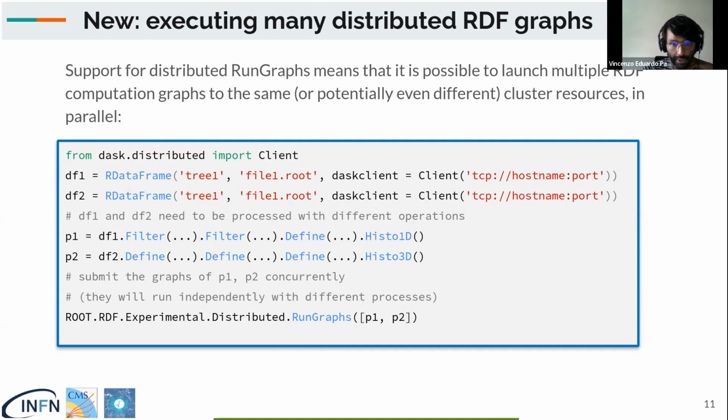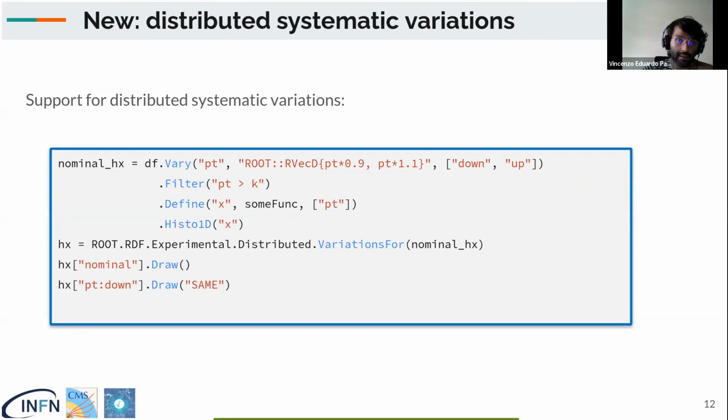So instead of launching only the jobs of one RDataFrame and then the jobs of the other one, you launch all the jobs together at the same time, and then the cluster scheduler will take care of running them within the resource limits.